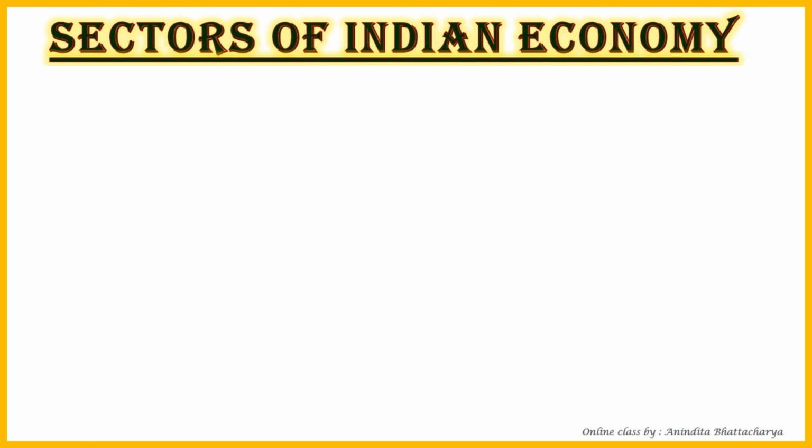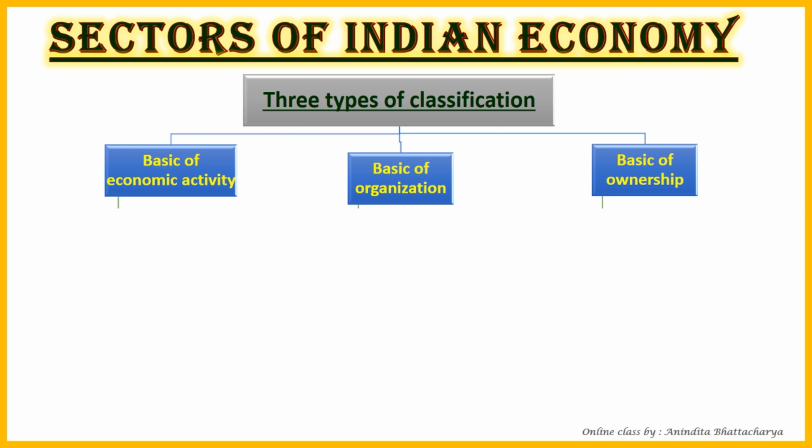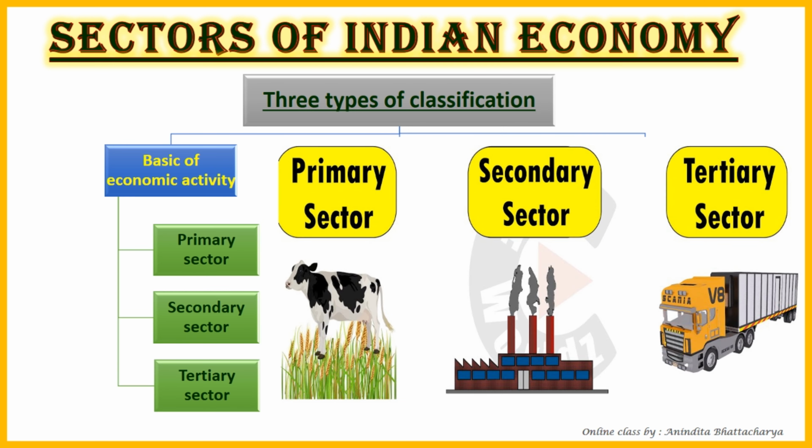So we can divide the sectors of the Indian economy on three bases or criteria: the basis of economic activity, the basis of organization, and the basis of ownership. The first one, the basis of economic activity, is divided into primary sector, secondary sector and tertiary sector.